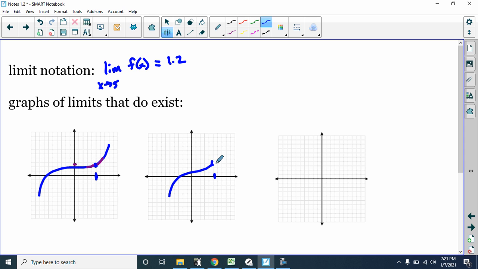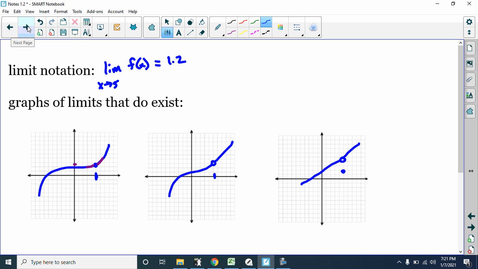I'm getting closer and closer to some y value. So even though the function is undefined, I have a hole there. As I come in from the right side and from the left side, there's one y value that I'm getting close to, even if the function value is defined somewhere else.